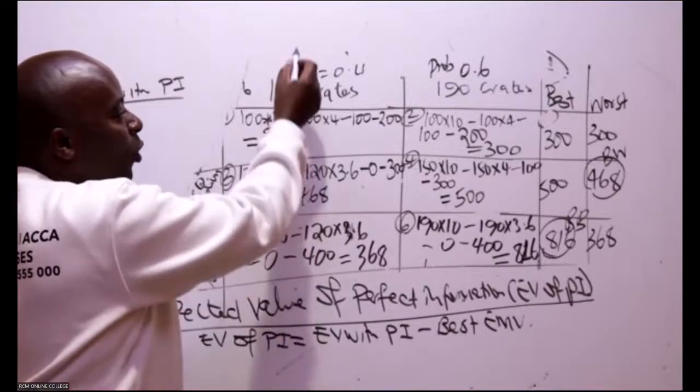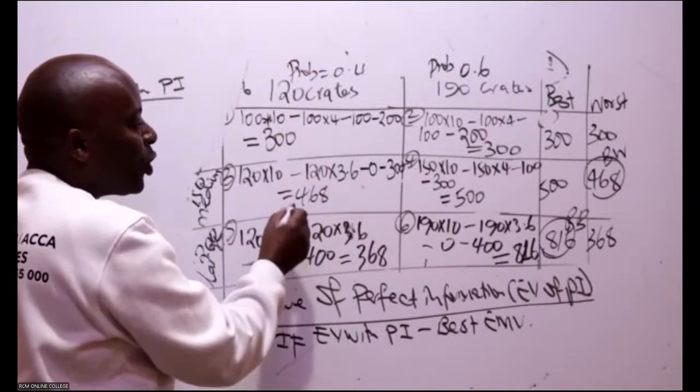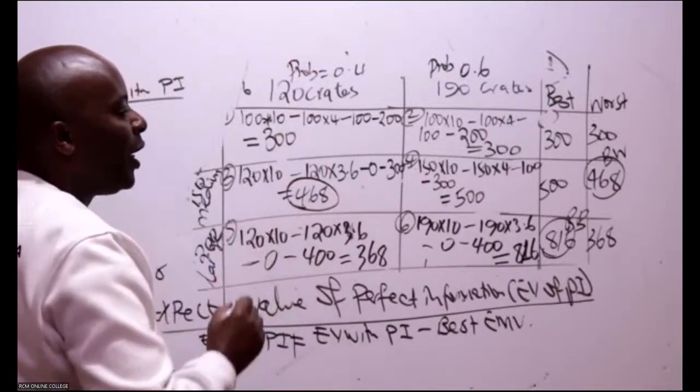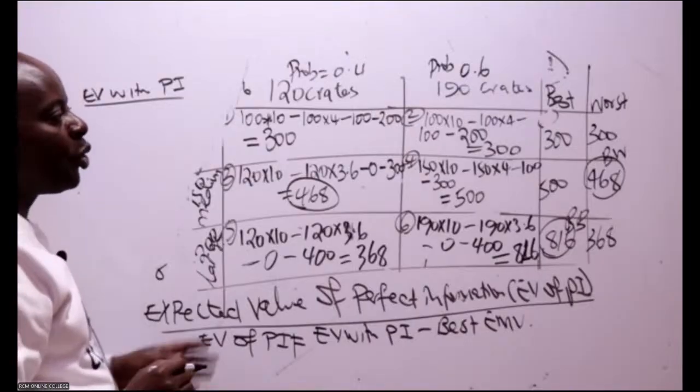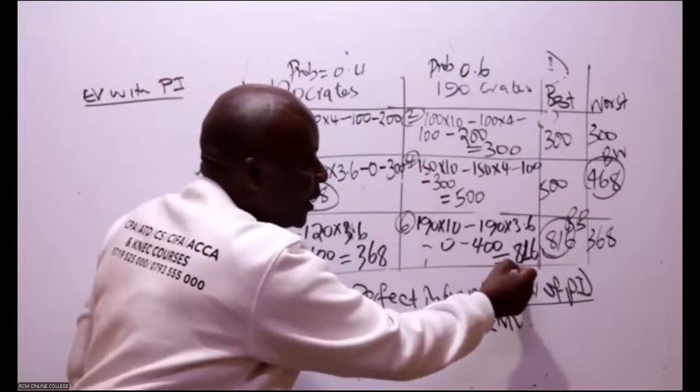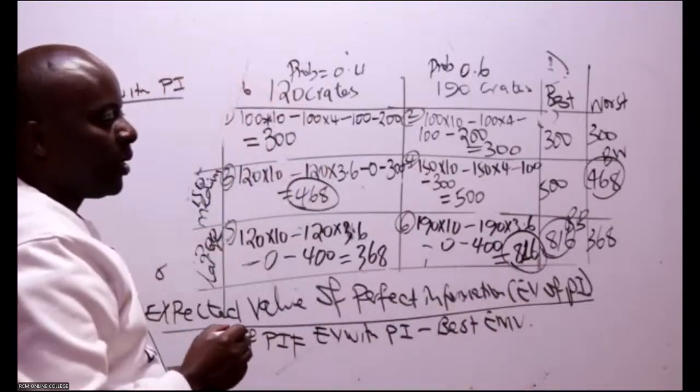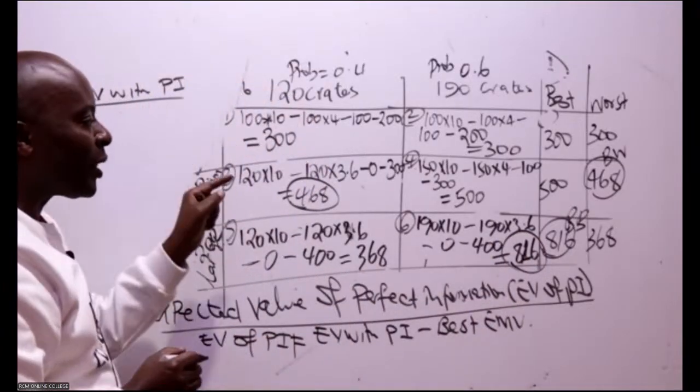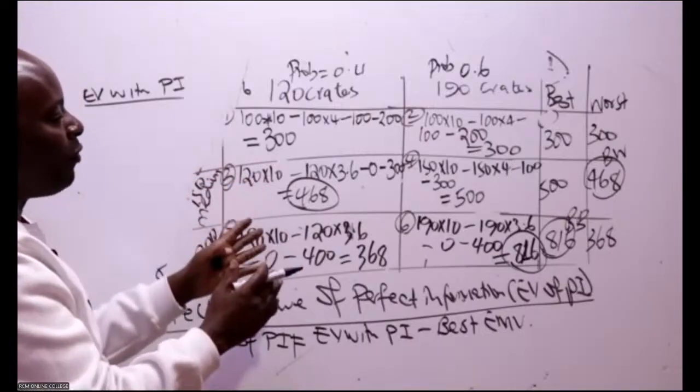For column number 1, the first state of nature, the very best is 468. We only have 2 columns, remember. For the second column, the very best is 816. Once you've selected and circled the very best, please average them.